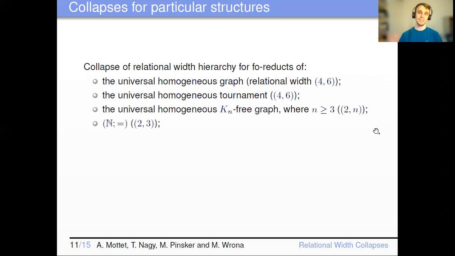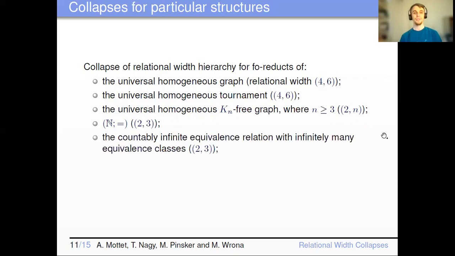If we consider just the natural numbers with equality, their reducts always have relational width (2,3) if they have bounded width. The same holds for the countably infinite equivalence relation with infinitely many equivalence classes, and the same holds for the universal homogeneous partial order, and so on.